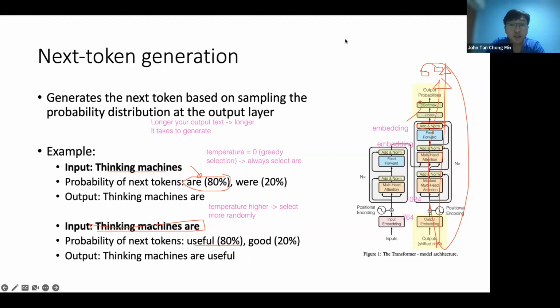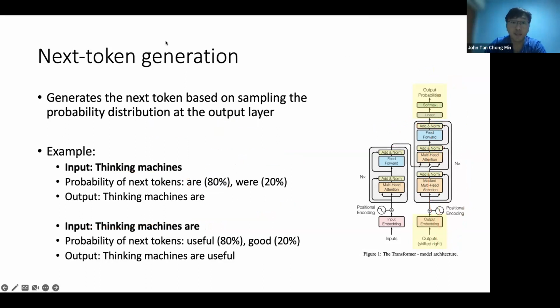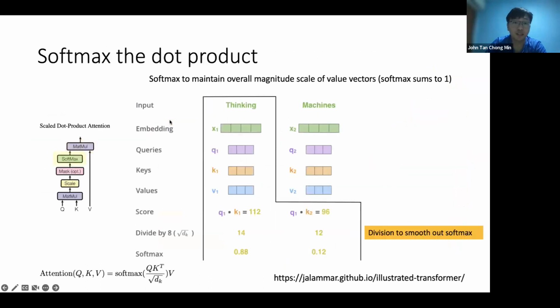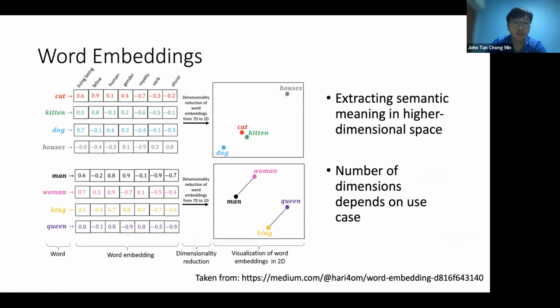The embedding space doesn't increase. Embedding space is the latent representation of your token, so it's always fixed. It's the same units. If we go back to the earlier slide, the embedding space is this part here. You try to represent different entities, and each of these columns represents maybe a different attribute.